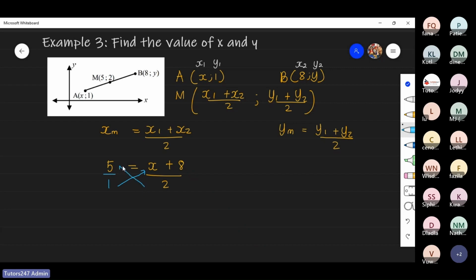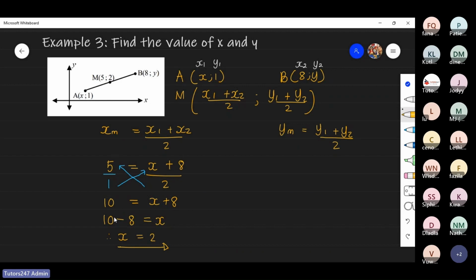I've got 2 times 5, that gives me 10. I've got 1 times x plus 8, which gives me x plus 8. From here, I can move 8 to the other side, making it 10 minus 8 equals x. I therefore have my value of x as 2, because 10 minus 8 gives me 2. So that's all I needed to do for the x part.